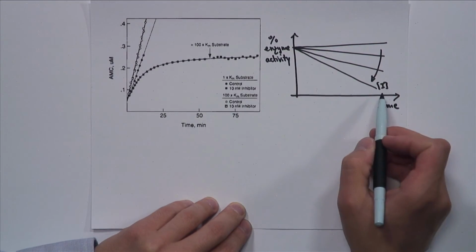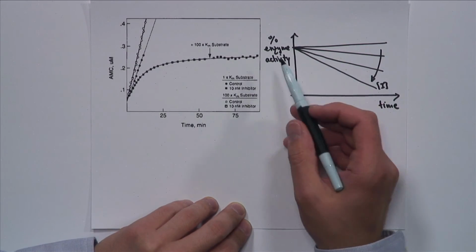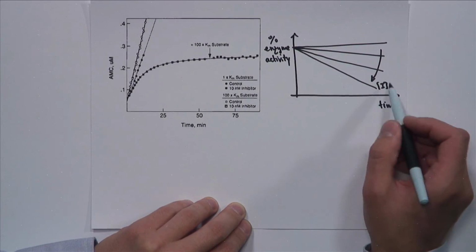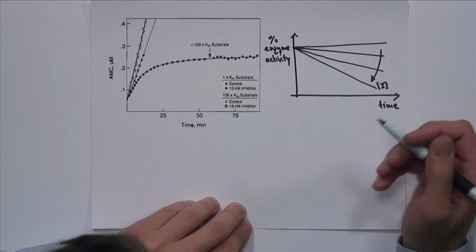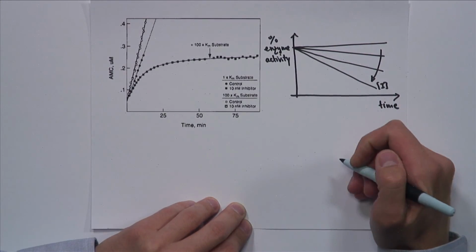So this line represents the fastest that the enzyme can be completely inactivated by an inhibitor. It will be governed by the binding affinity of the inhibitor to the enzyme. This answers the third and last question of this problem.